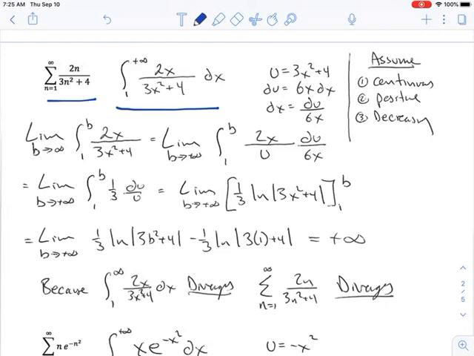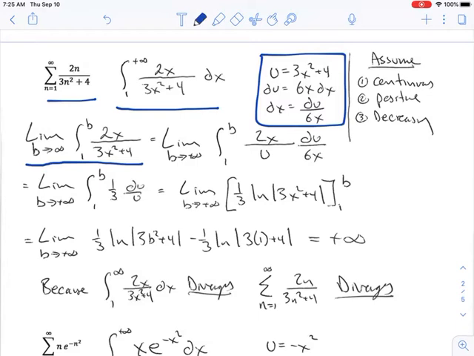And so we have the limit as b approaches infinity of the integral from b to 1 of 2x over 3x squared plus 4. And this is another U-substitution problem. I showed that this time over here. So letting u be equal to 3x squared plus 4, du is 6x dx, or dx is du over 6x.